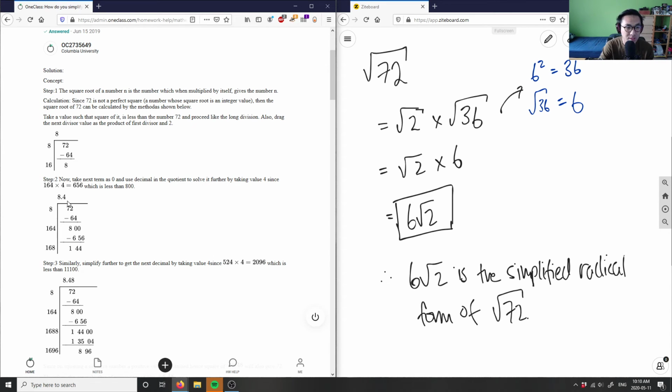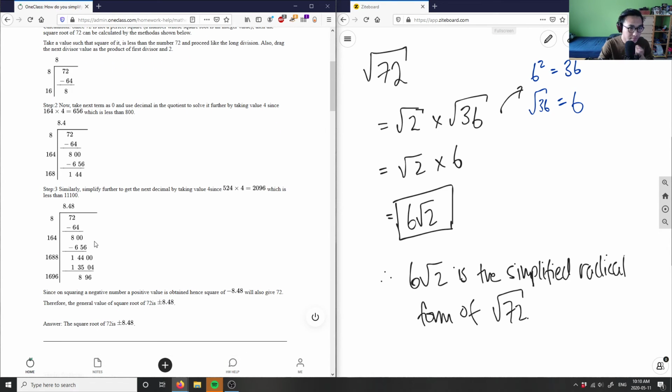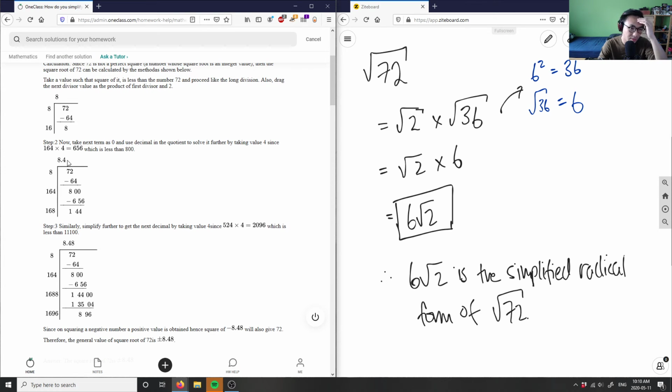Now, we have 164 times 4, which gives us 656, and then we subtract 656 from 800 to give you 144. Again, we double our quotient, right? So we double our 4 here to get 8. So our next value here is 168, and then I'm going to leave this next digit blank.